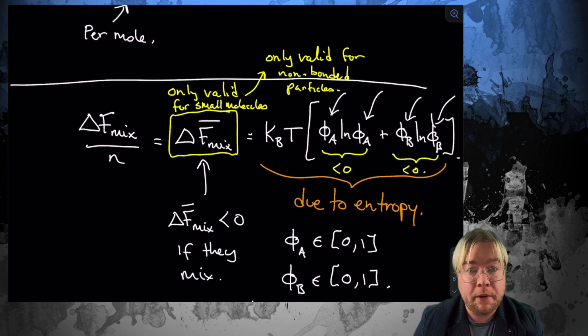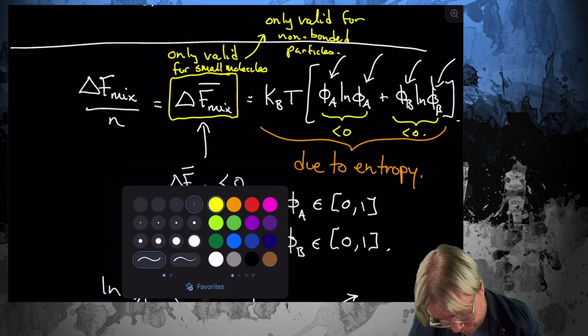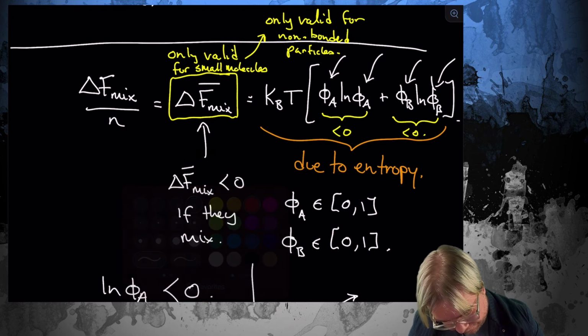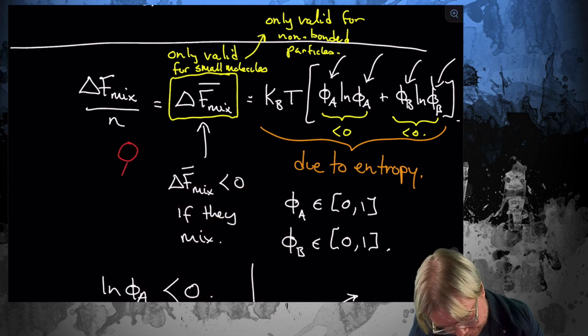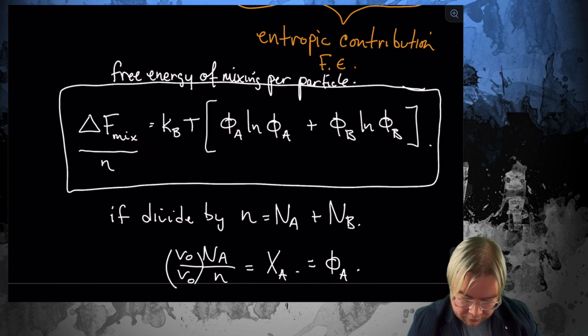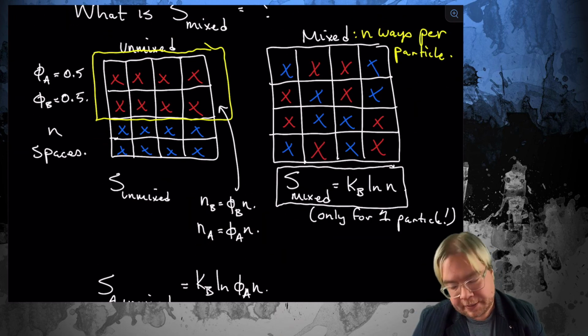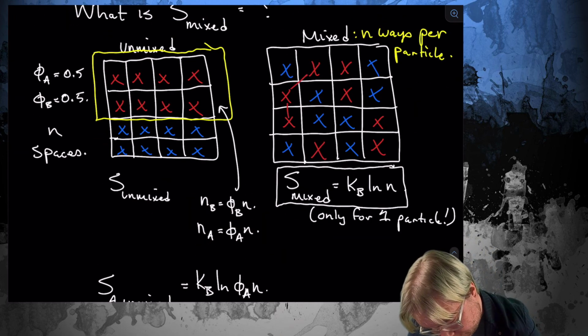Things that aren't bonded to each other. In the case of the polymers, we have a problem because the monomers are linked to each other. So in terms of our lattice, that's going to put constraints on where these things can be because these particles are linked like this.